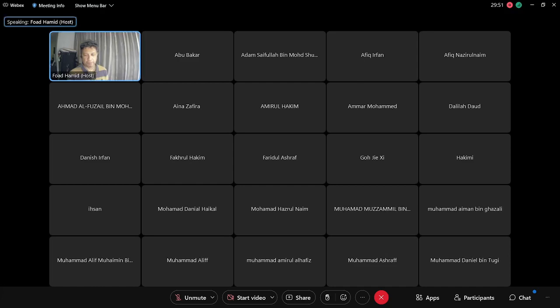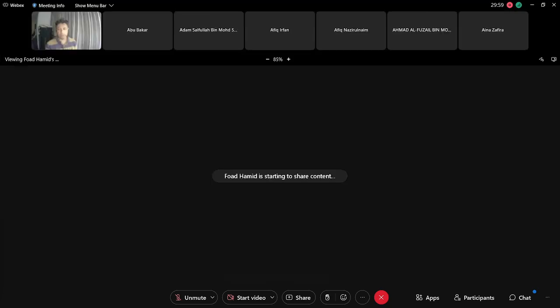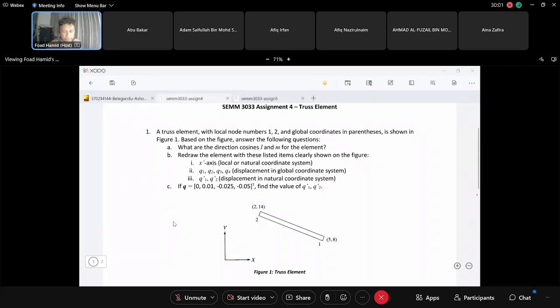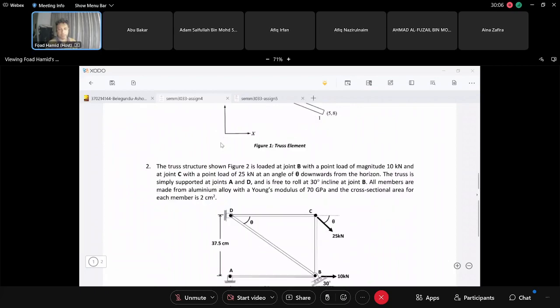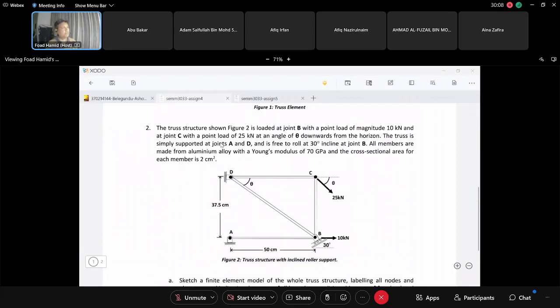So this is the question paper, and you take a look at question number 2, which is the truss element. In my problem, I have this incline support, which is 30 degrees.